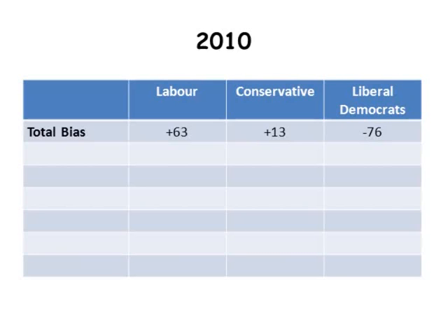So we look at the various measures now in terms of the bias, and this tells me about total bias: that the 2010 general election has a bias in favour of Labour of plus 63 seats, but interestingly enough it's got a plus 13 bias in favour of the Conservatives and negative 76 for the Liberal Democrats.